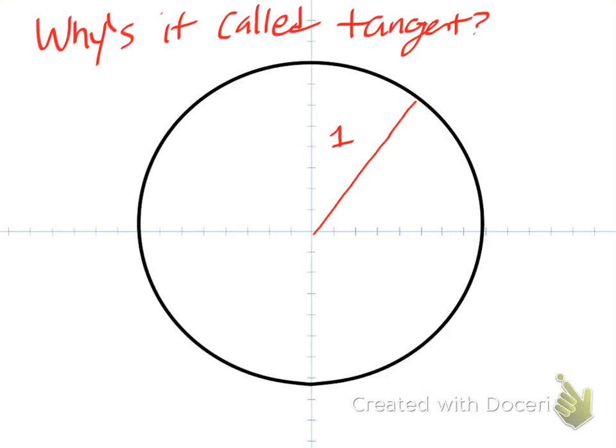So if you have a radius of 1, then that makes things quite easy because your opposite length is considered the sine of x, because sine of x would equal opposite over hypotenuse, opposite over 1, so sine is your opposite leg. And the adjacent leg is considered the cosine, for adjacent over hypotenuse. So this just makes the SOHCAHTOA rules work out nicely when you have 1 here as the hypotenuse.